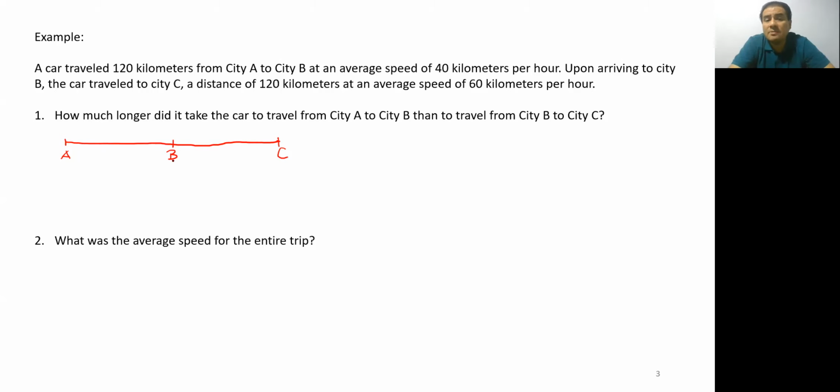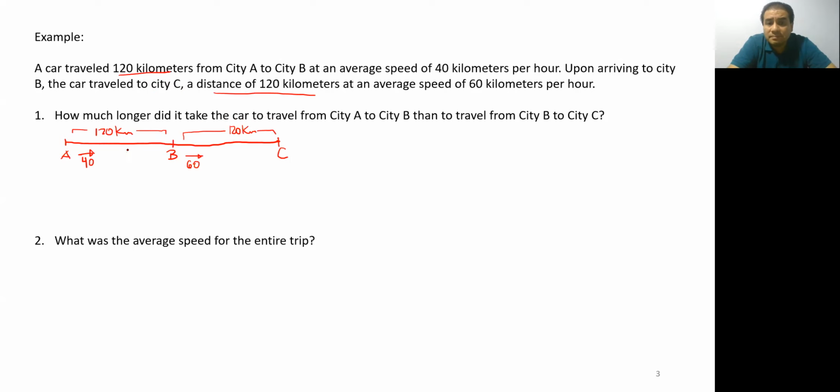So cities A, B, and C. Now, we know that the first span is 120 kilometers from city A to B. From city B to C, that is the same distance again, 120 kilometers, right? Here and here. What about the speeds? In the first span, they mentioned there was a speed of 40 kilometers per hour. In the second span, there was a speed of 60 kilometers per hour.